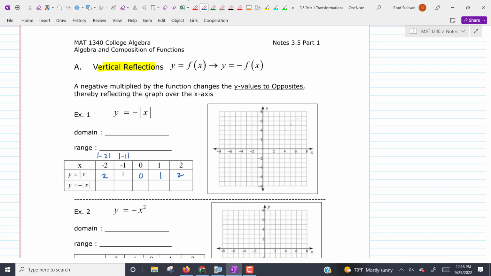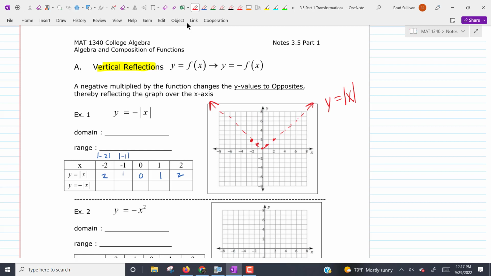That's going to be our first graph, and I'm going to graph that in red. So go ahead and do those points. We got -2, 2, -1, 1, 0, 0, 1, 1, and just connect the dots. I like to use a dashed line to represent what we call the elementary function, and I'm going to label that y equals absolute value of x. So you start by graphing the elementary function, okay?